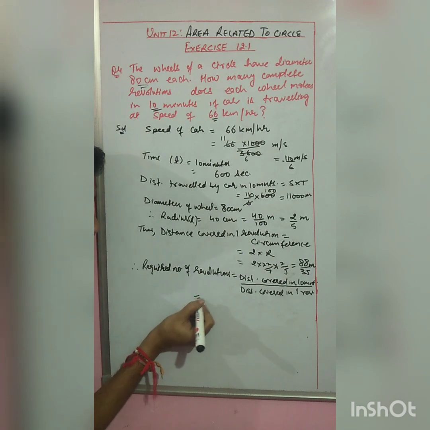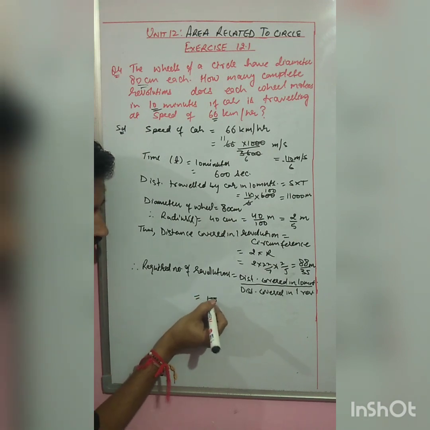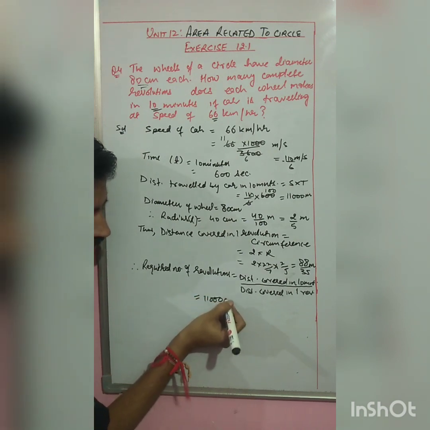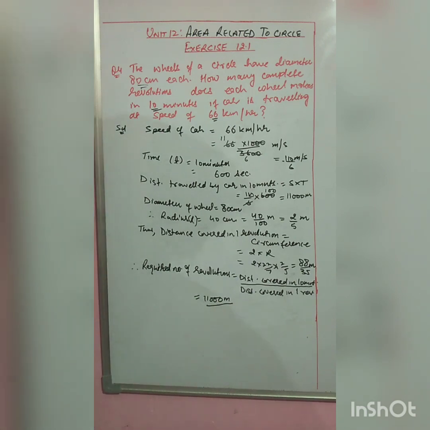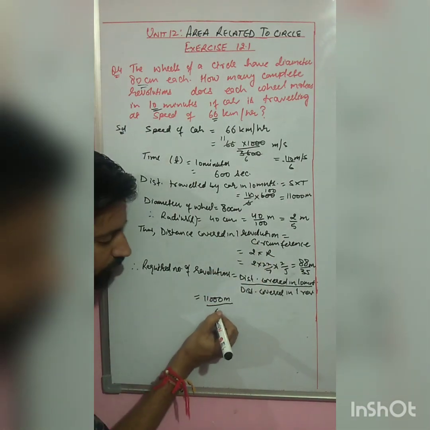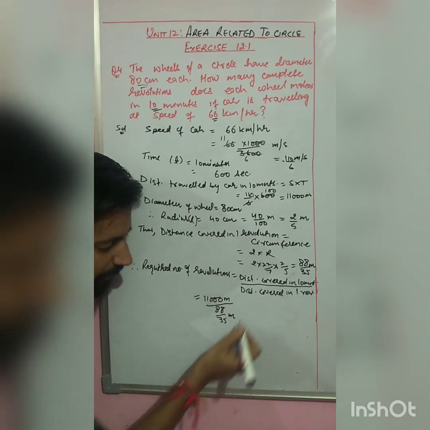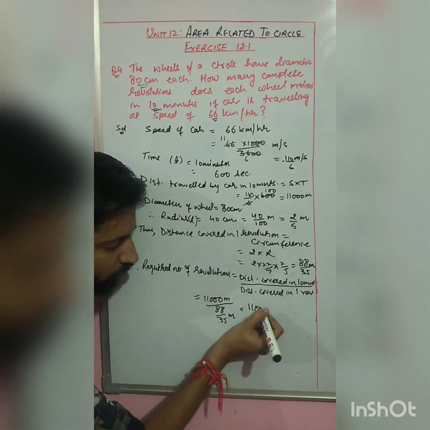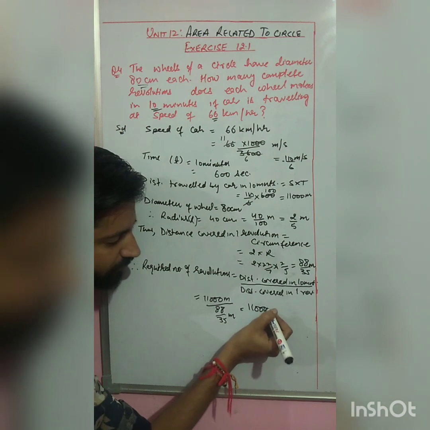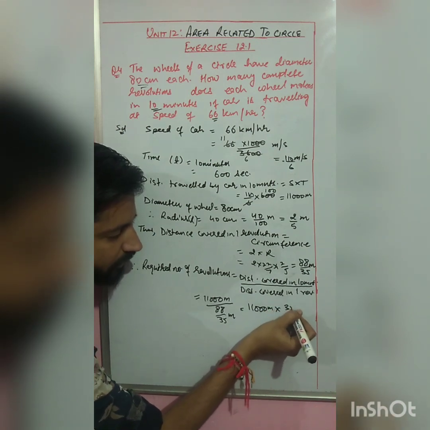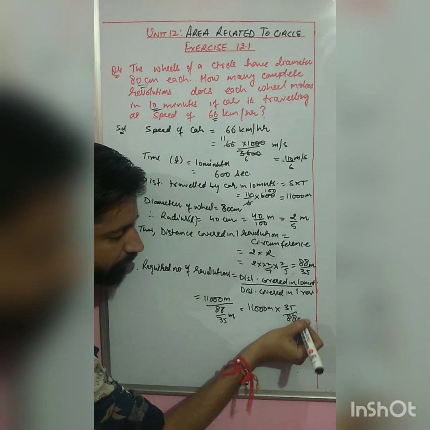That is 11,000 meter divided by 88 upon 35 meter. As you know, we cannot divide by fractions, we have to convert it into multiplication. It's 11,000 meter into 35 upon 88 meter.